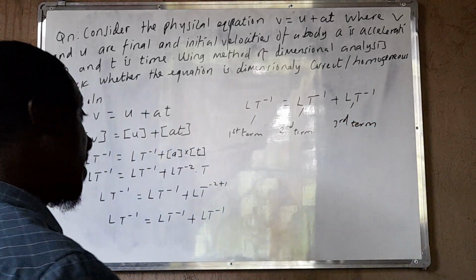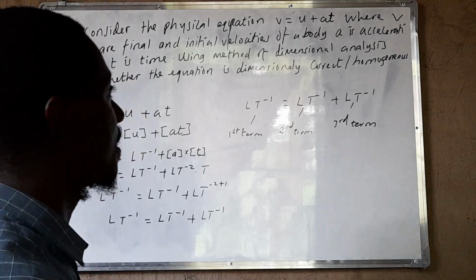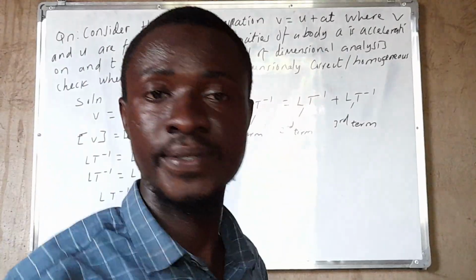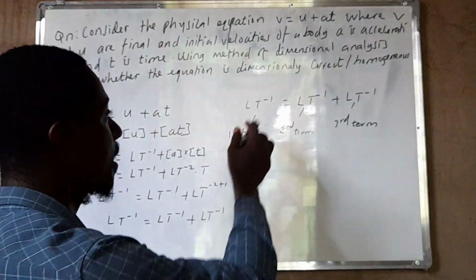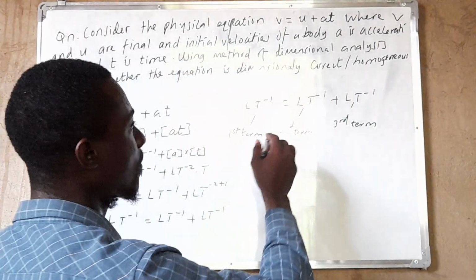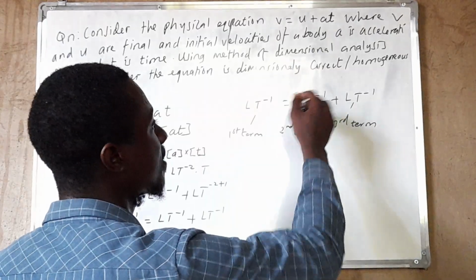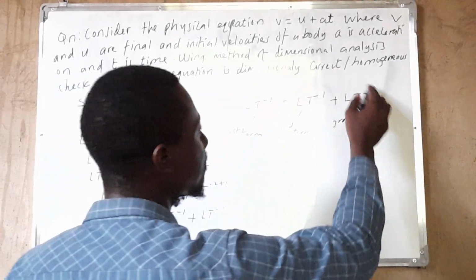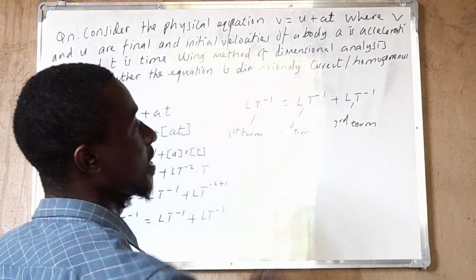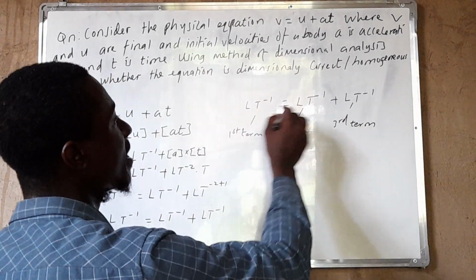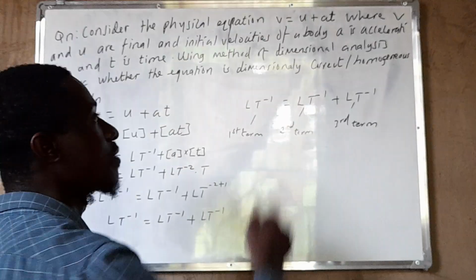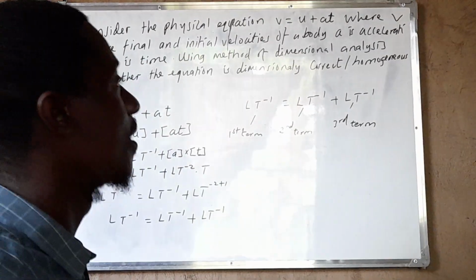To check whether the equation is dimensionally correct, all terms should have the same dimensions. The first term is LT^-1, the second term is LT^-1, and the third term is also LT^-1. Because all terms have the same dimensions, we say this equation is dimensionally correct.